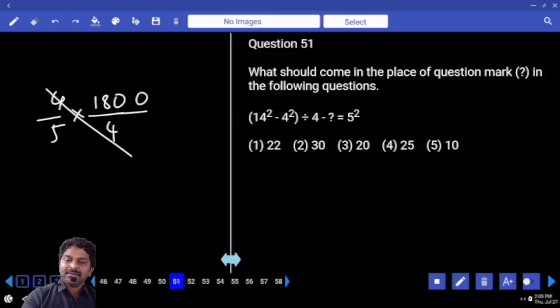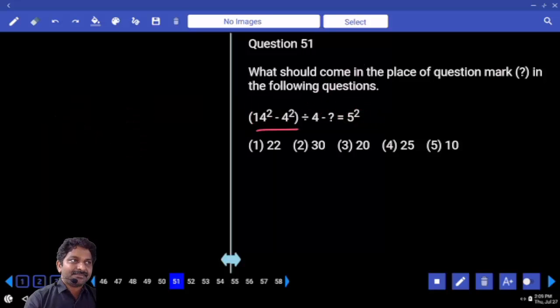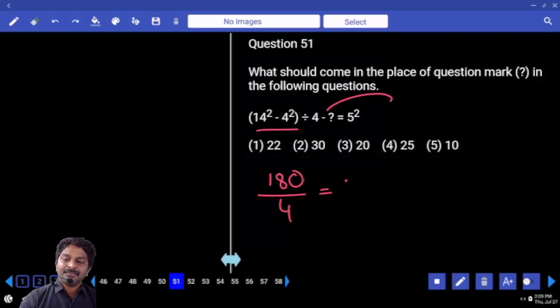Next. A plus B into A minus B concept. A plus B, A minus B, divided by. How much is that? Half half. 45. Minus x goes to other side. And right hand side number 5 square comes left hand side. Answer 20.